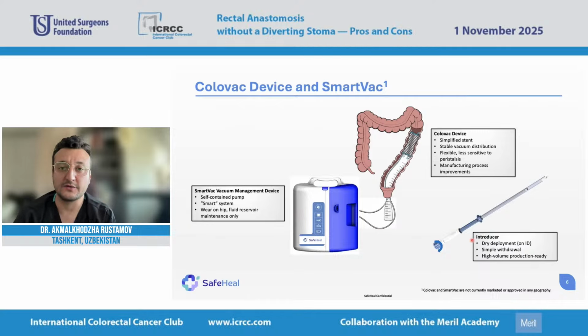Finally, the introducer system shown below allows quick deployment of the device with laparoscopic control, with an average placement time of just a few minutes. Together, Colovac 2 and SmartVac form a fully integrated system for safe, reliable, and minimally invasive internal anastomotic protection.